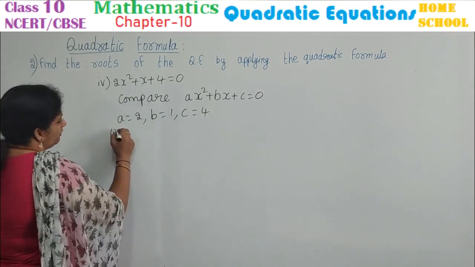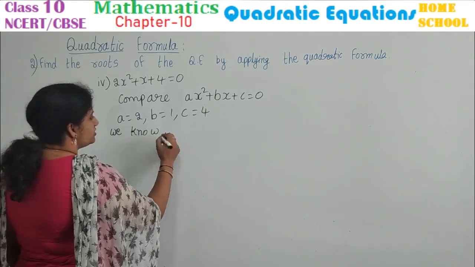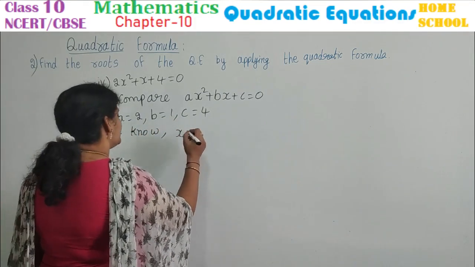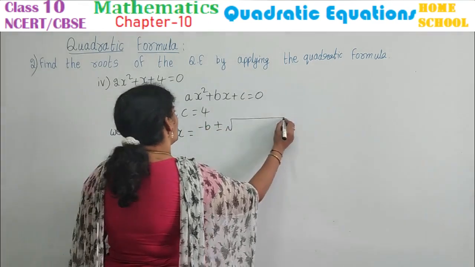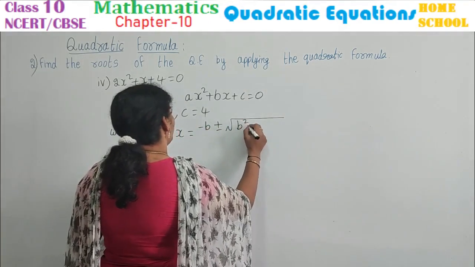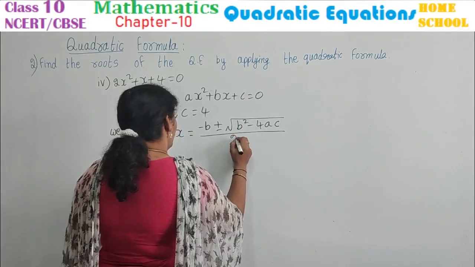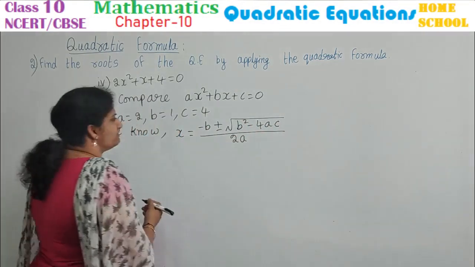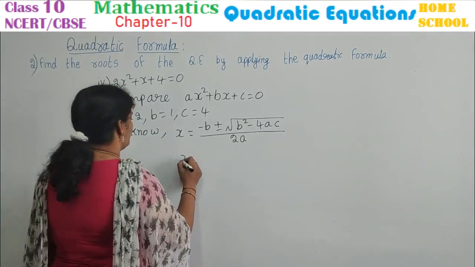We are going to do this with the formula method. So we know the formula, that is x = (-b ± √(b² - 4ac))/2a. Now substitute the values of a, b, c in this formula.